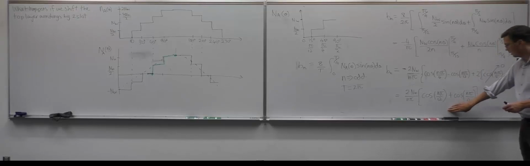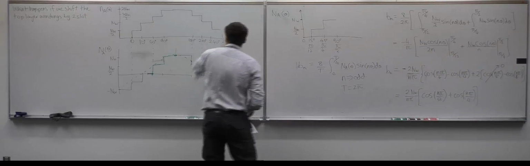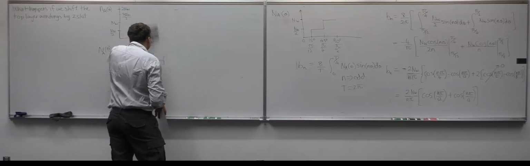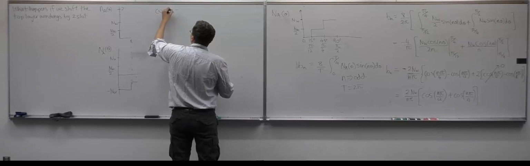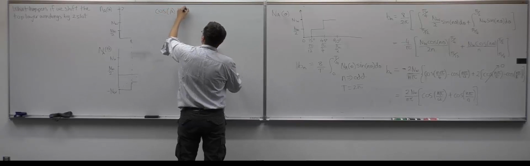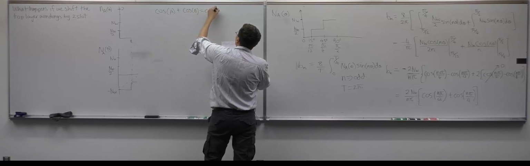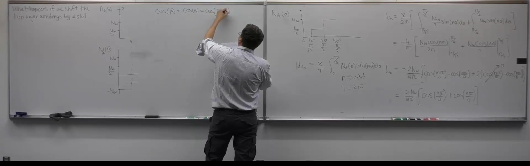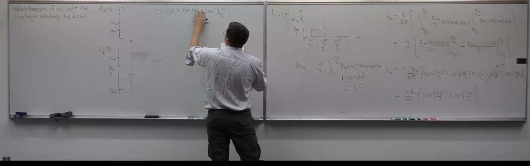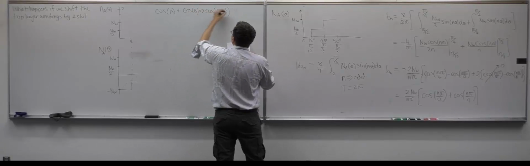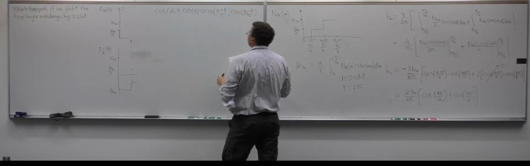And then we can use a trig identity. So we can use cosine A plus cosine B is equal to 2 times cosine of (A plus B) over 2 times cosine of (A minus B) divided by 2, like that.